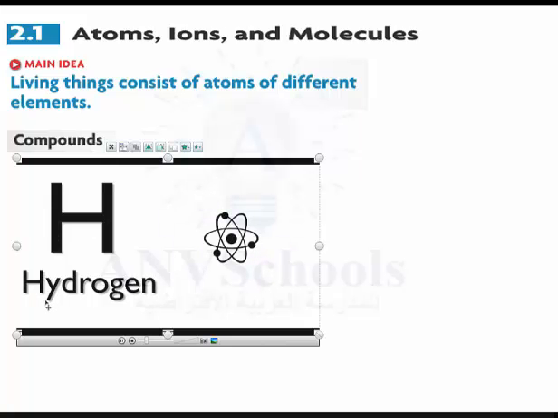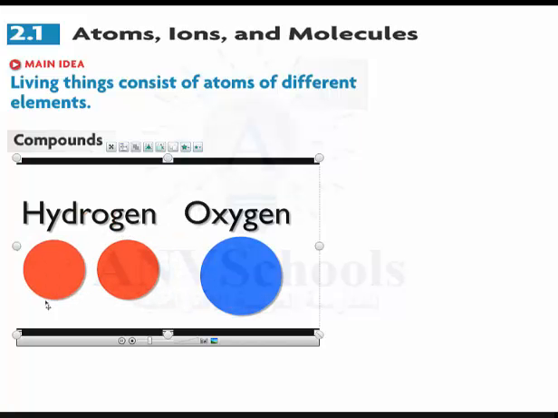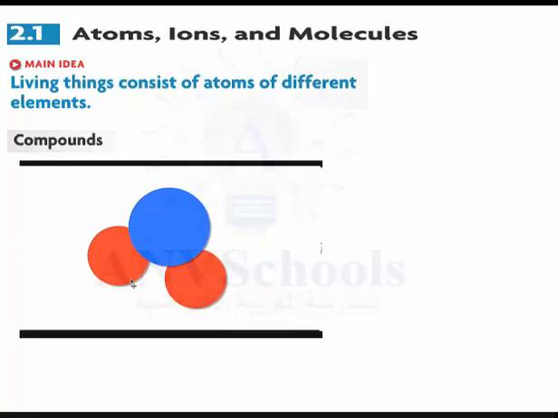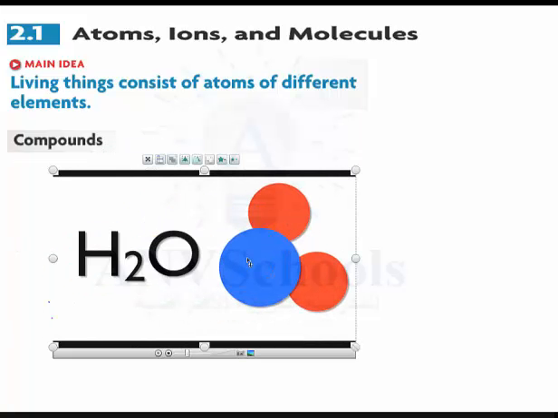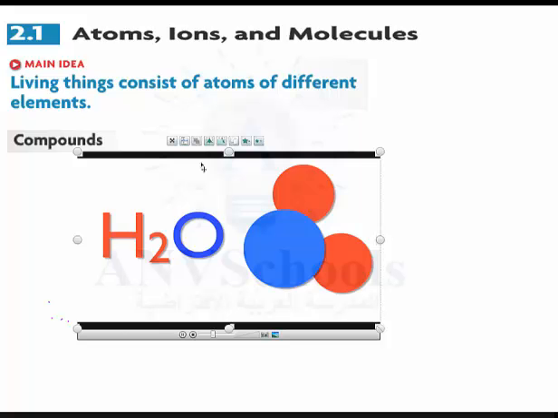They come together in a specific ratio, and then they form what we call a compound. Here we have 2 hydrogen atoms with 1 oxygen atom making H2O, what we call water.